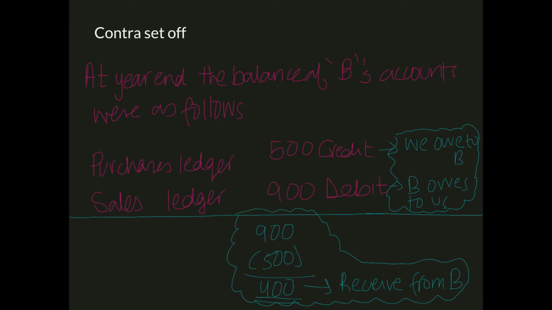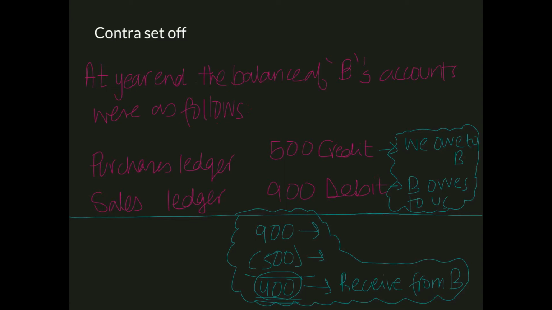We had to receive 900 from B and had to pay 500 to B, and the net amount we will receive is 400. Simple math.